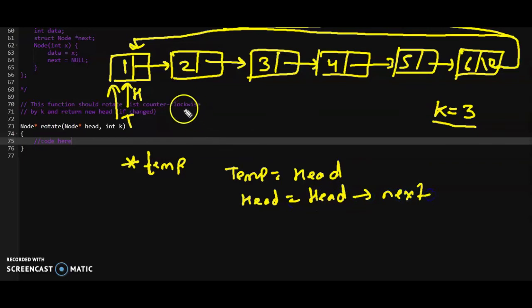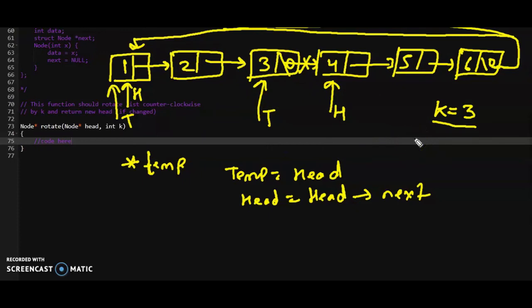Why this? Because when head reaches node 4, temp should be at node 3. That's how we make the next of 3 null and this link will be cut, and this will be our new head. The linked list will be 4, 5, 6 and 1, 2, 3. That's what we want. I think you have understood the logic.